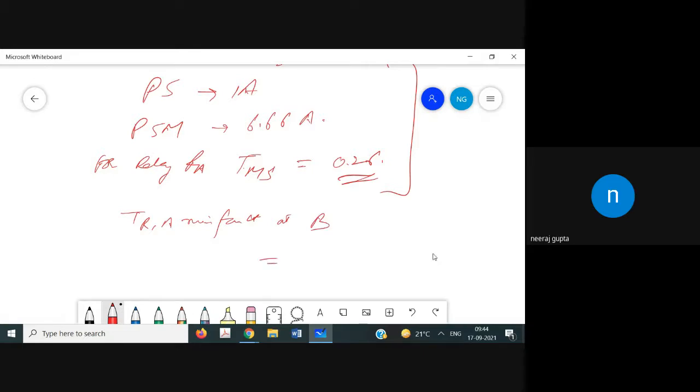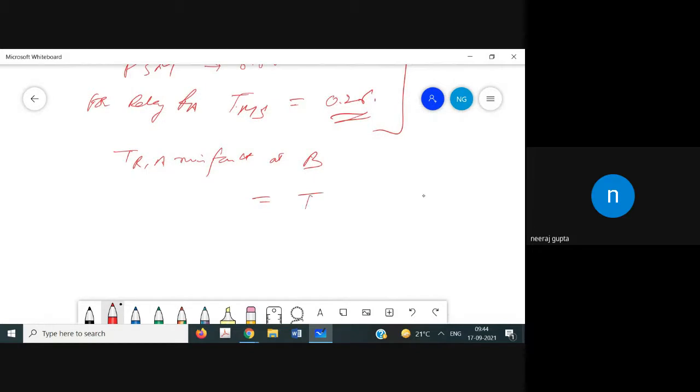As we know the equation, we calculate it as 0.14 times TMS 0.26, divided by PSM 6.66 raised to power 0.02 minus 1, which equals approximately 0.94.